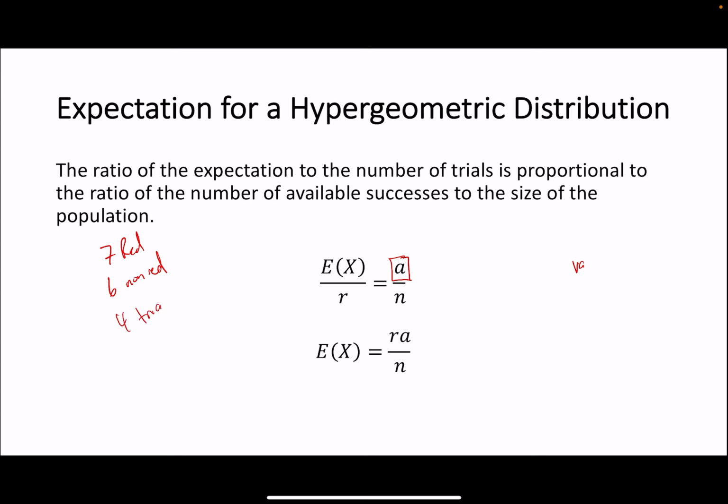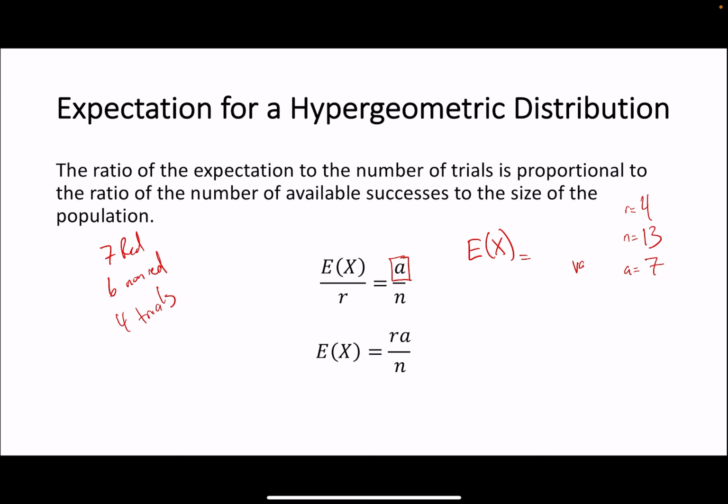If I take 4 trials, how many reds do I expect? Well, the expected value is how many we expect, right? What's R equal to? That's equal to the trials, 4. What's N equal to? The total marbles, 6 plus 7, 13. What's A? Available successes. So there are 7 available successes.